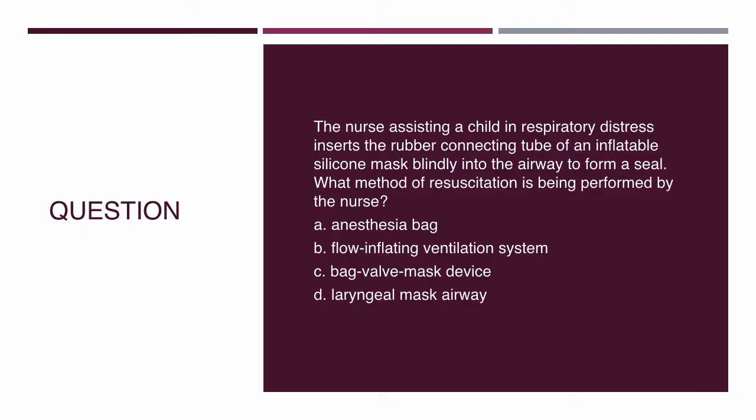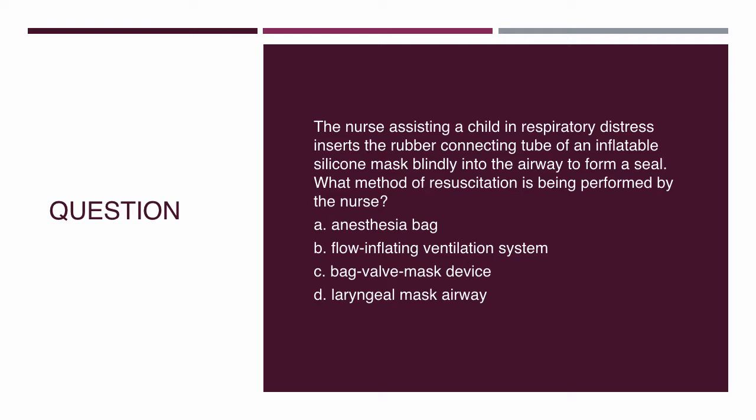So question, the nurse is assisting a child in respiratory distress and inserts a rubber connecting tube of an inflatable silicone mask blindly into the airway to form a seal. What method of resuscitation is being performed by the nurse? Anesthesia bag, flow inflating ventilation system, bag valve mask device, or laryngeal mask airway.